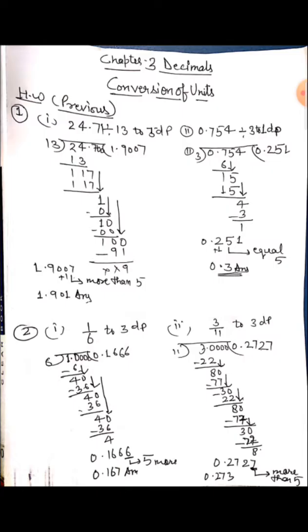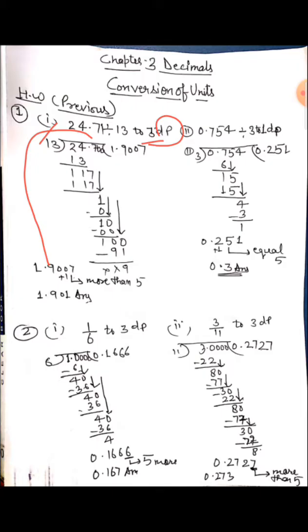The first question is 24.71 divided by 13 to 3 dp. 3 dp means 3 decimal places. Easily, firstly we divide like a decimal division, 24.71, and then we use zeros, because the question is saying 3 decimal places, so we carry out one more place.